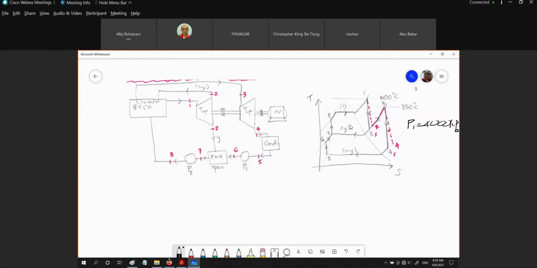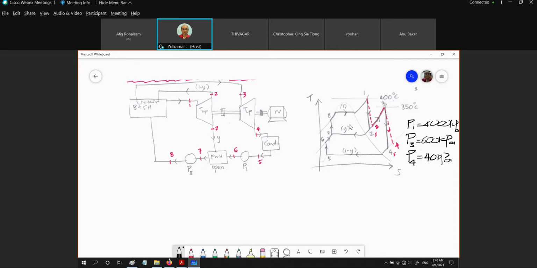And then the intermediate pressure, which is equal to P3, is equal to 600. It's the value that we are going to use. And the pressure of the condenser, which is P4 equal to P5, we are going to use as 40 kPa.